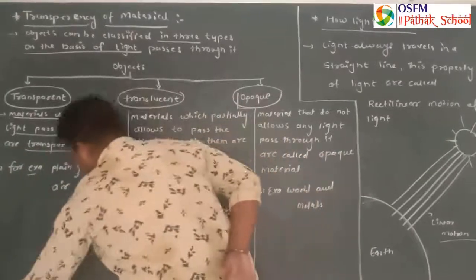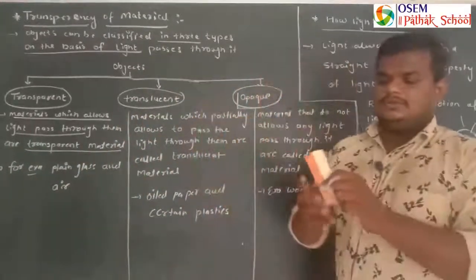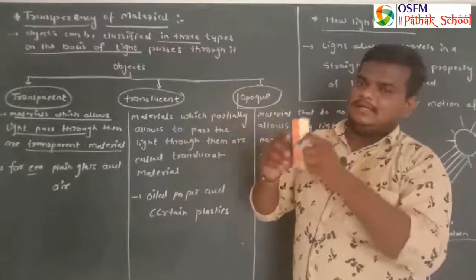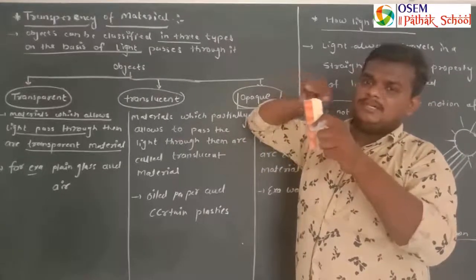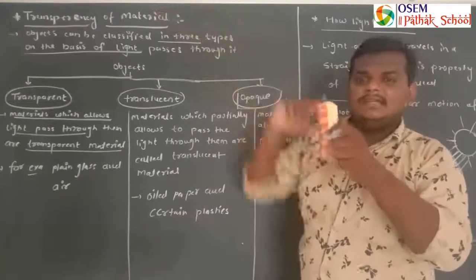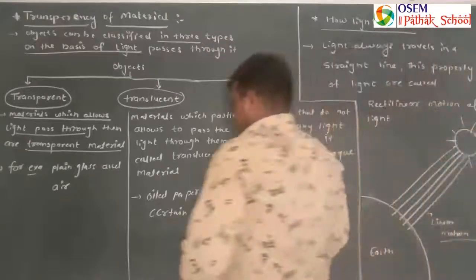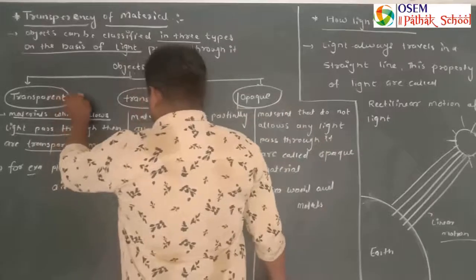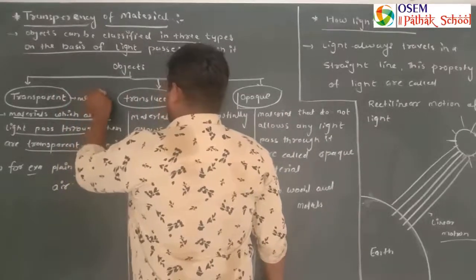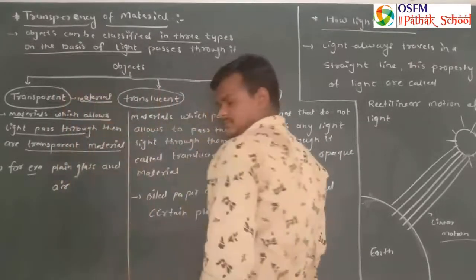So suppose this is my object and light passes through it easily, then it is called transparent material.